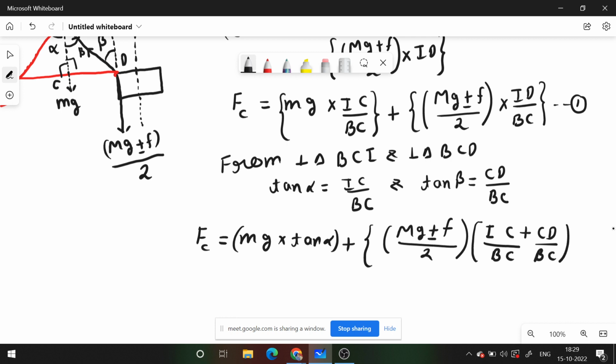IC upon BC is equal to tan alpha and CD upon BC is equal to tan beta.